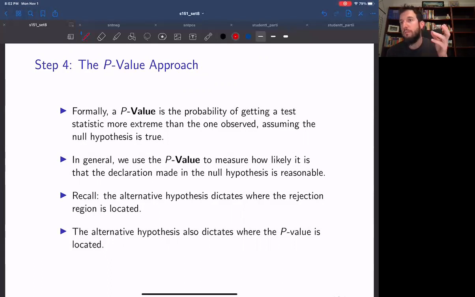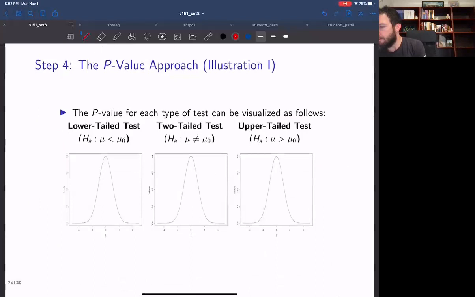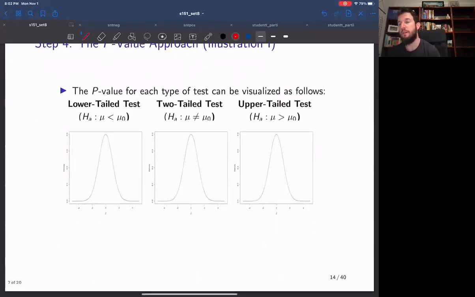Now, what does it mean to be small or big? We're talking about a probability. So the number is naturally bounded between 0 and 1 or 0 and 100%. So what is a small p-value? What is a big p-value? Okay, well, as you'll see momentarily, the size of the p-value is actually determined by comparison to the significance level.